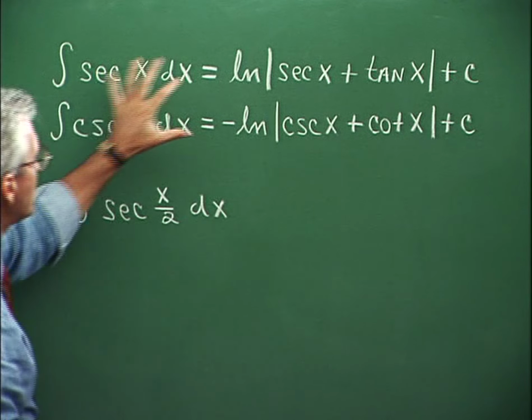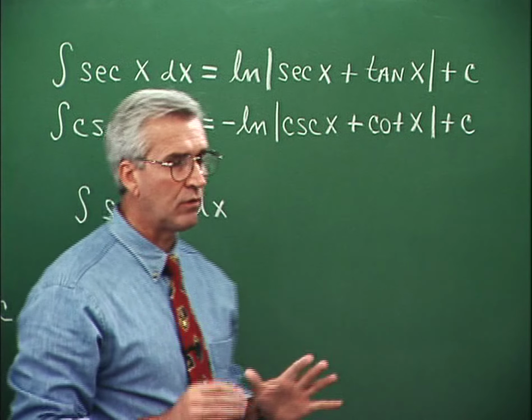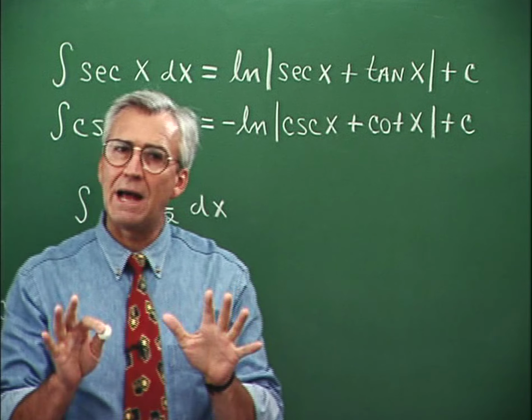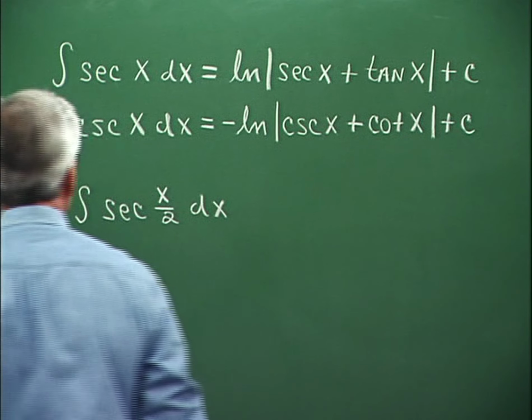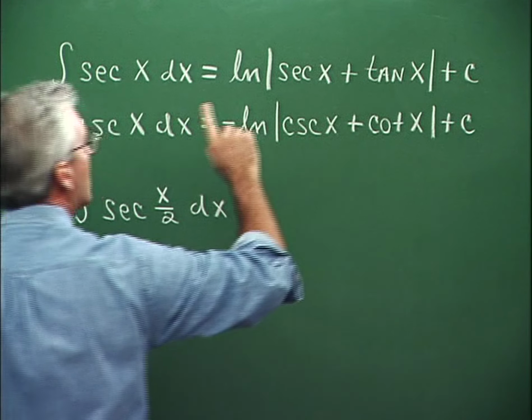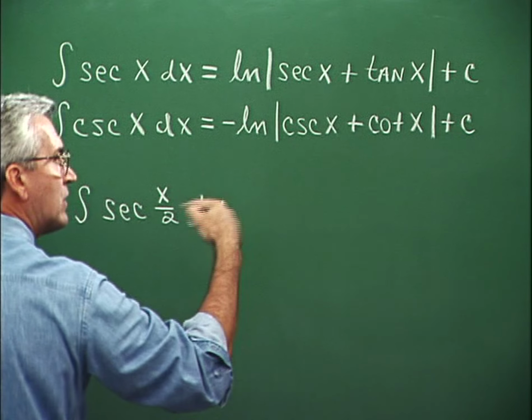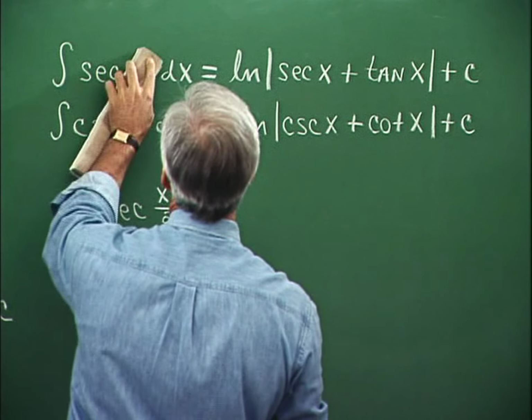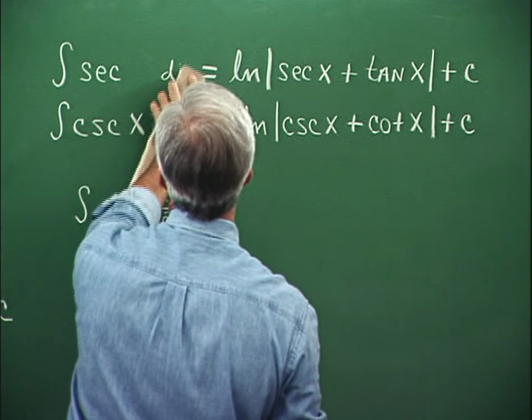Now, to use these, sometimes it's helpful to think about these formulas in this way. Secant x dx is equal to all of this. Now, we can think, though, in terms of, let me just replace this with u.